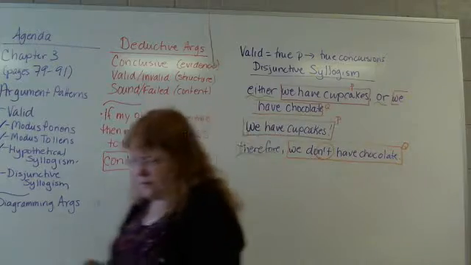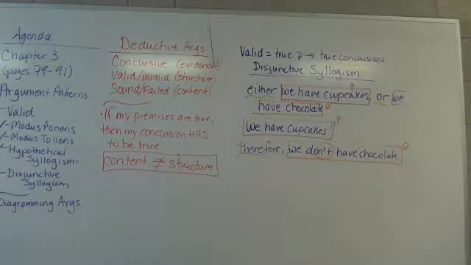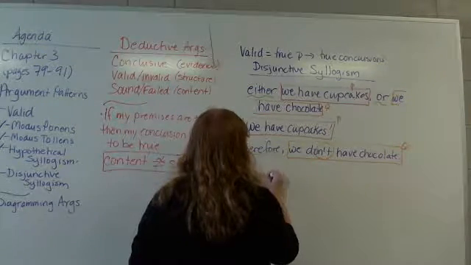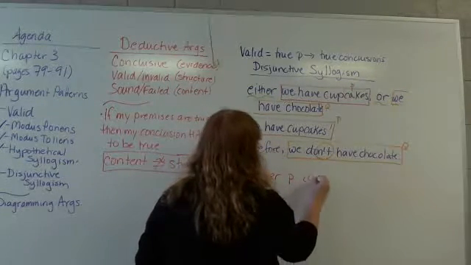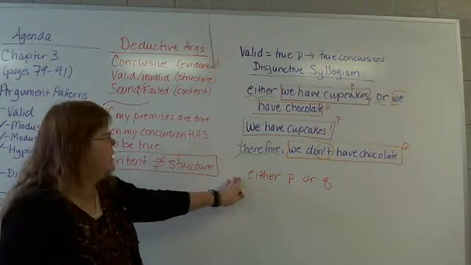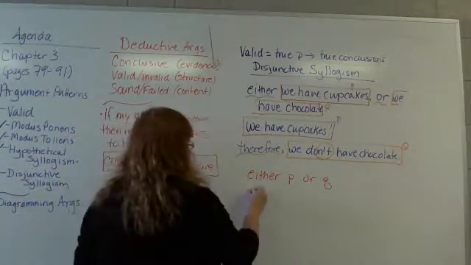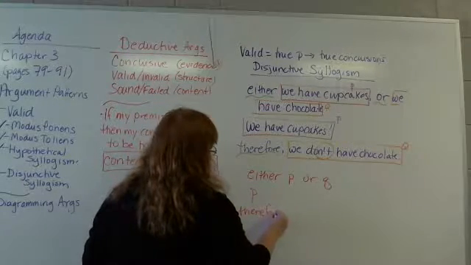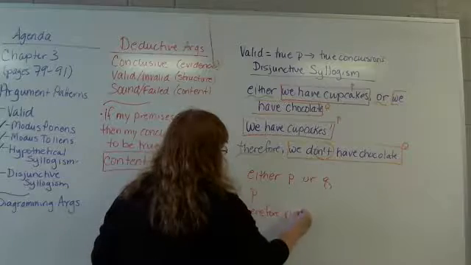So I have a lovely little thing here. I have either P or Q. That's my first premise, right? My second premise is just P. My conclusion says, therefore, not Q.